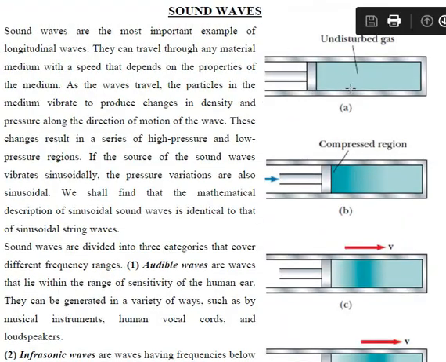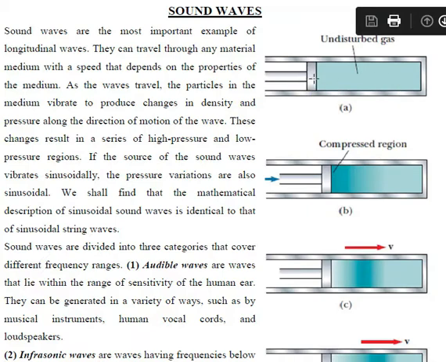This is a gas-filled very long tube, with a piston on the left end. If we push this piston forward, it will compress the gas and that compression will travel through the tube.